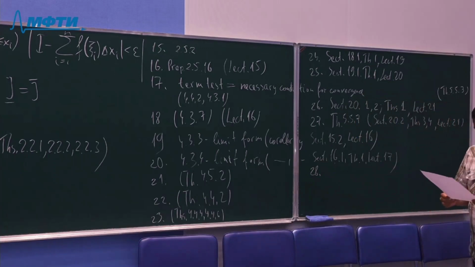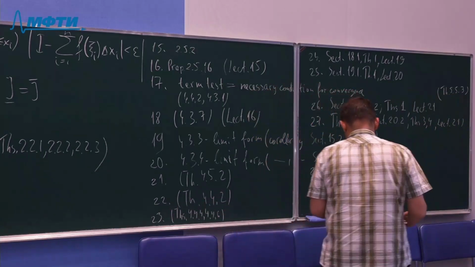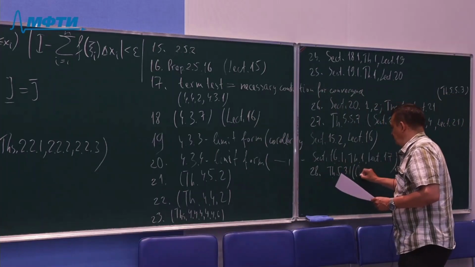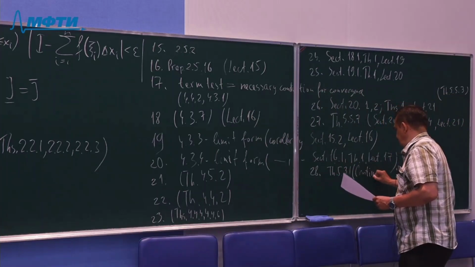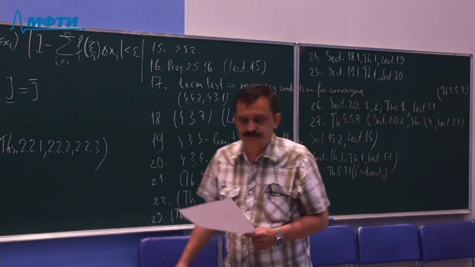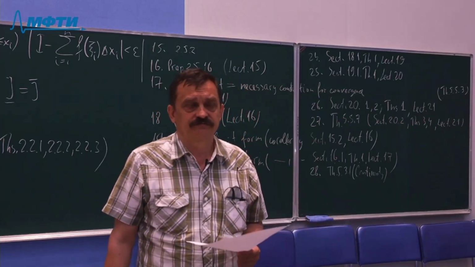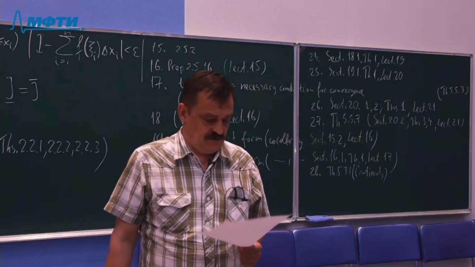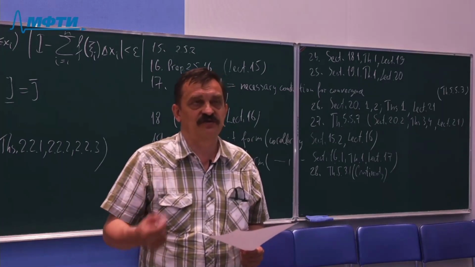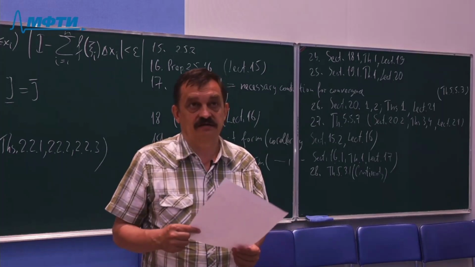Question 28. Uniform limit theorem or limit of a uniformly convergent sequence. Please be careful here, because theorem 531 is about continuity only. Why is it important? Because quite often the uniform limit is used just to prove the existence of a limit, when you don't guarantee continuity.